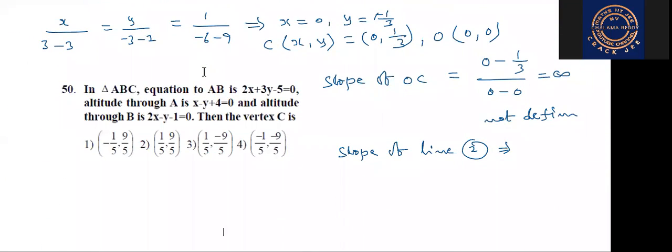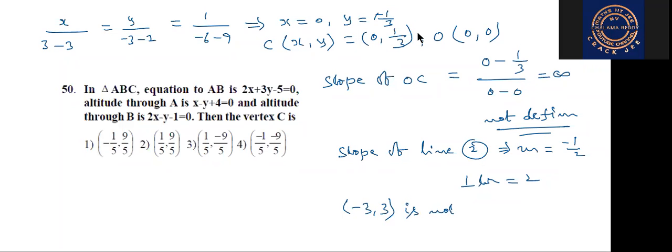So here we are getting a different result. Perpendicular slope means what? 2. But we are getting not defined. So -3 comma 3 is not correct. Now which one is correct? The correct answer is -8 comma 8. This is the correct one.